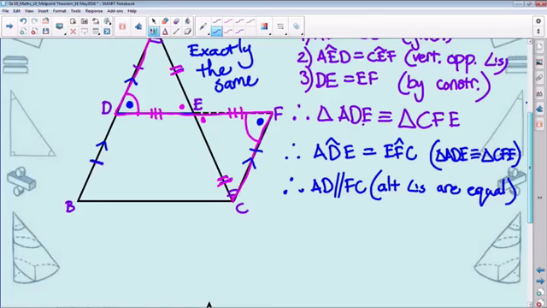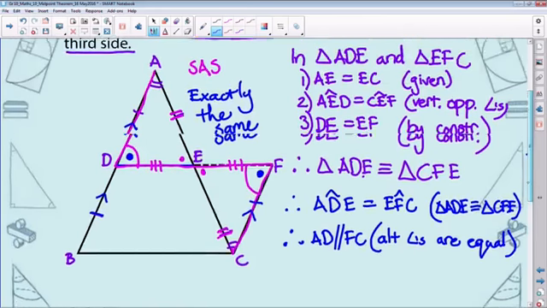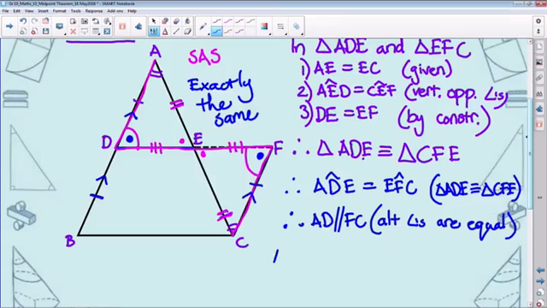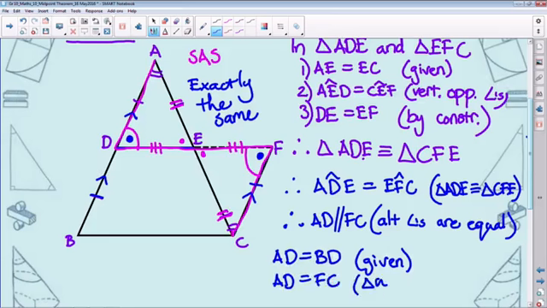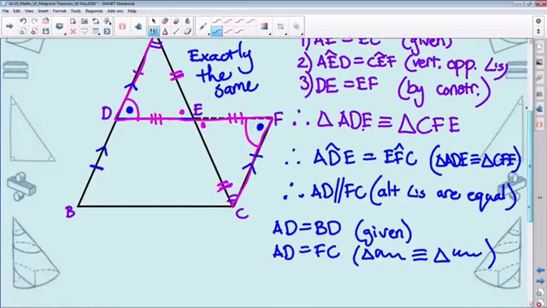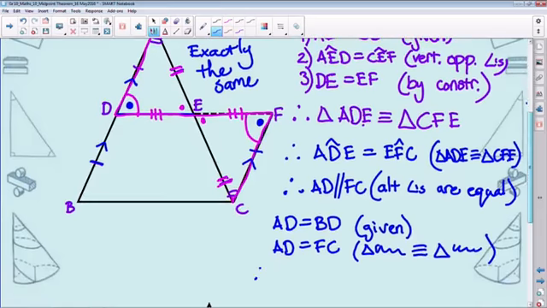We know that, and let's go up a little bit, we know that AD is equal to BD because that was given. And we also know that AD is equal to FC because triangle ADE is congruent to triangle CFE, and obviously you would write that out in full.